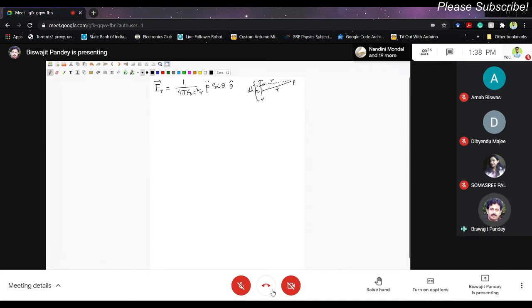But as I told you, under this far field approximation, where the size of the dipole is much shorter than the distance between the dipole and the field point, we can treat curly r and r to be nearly the same. This is the direction of r cap. Theta cap is perpendicular to that, and phi cap is perpendicular to the page or the board here, right?